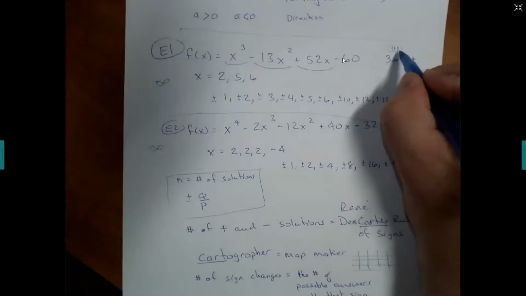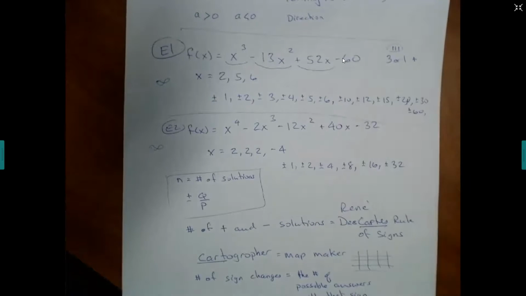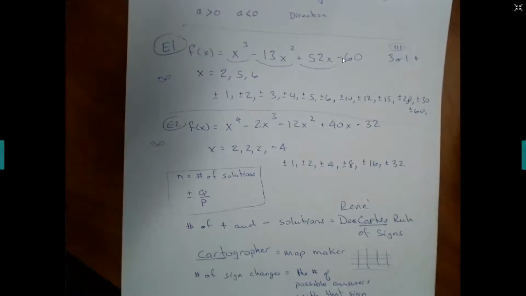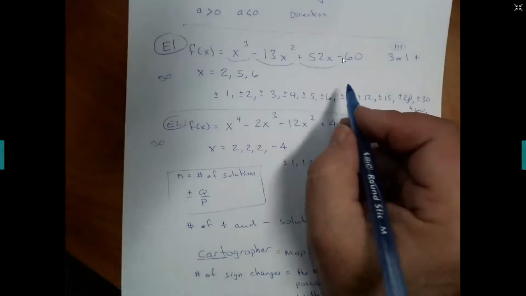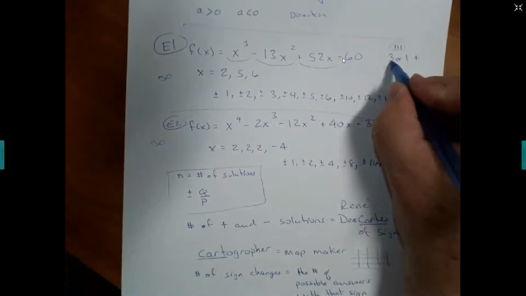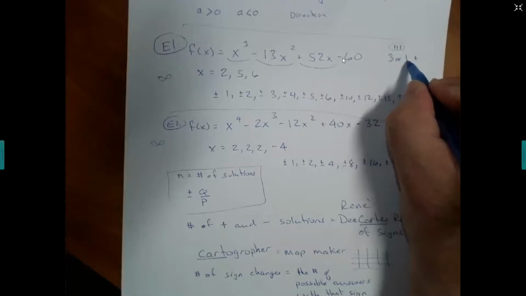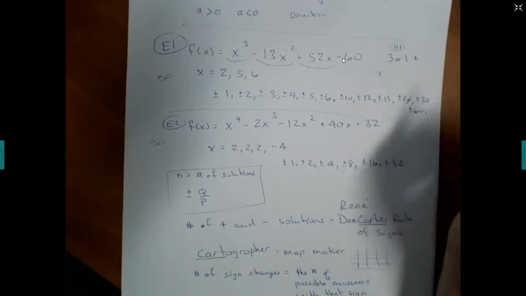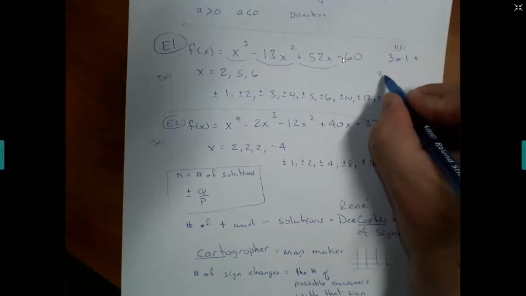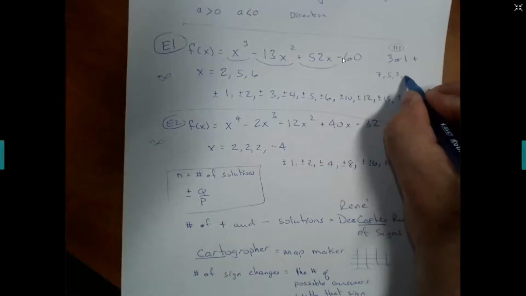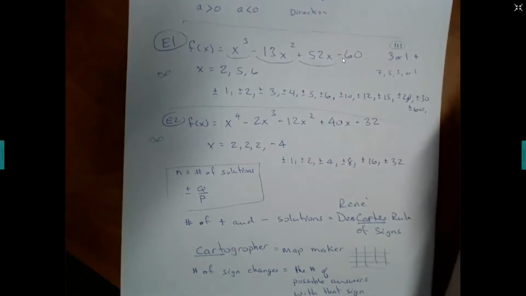Because this tells us the maximum. Whatever the maximum is, always subtract 2, because answers always come in pairs. So we take 3, subtract 2, you get 1. If I had, let's say, 7, I could have 7, 5, 3, or 1 solutions that are positive.